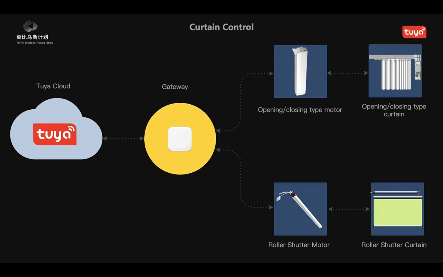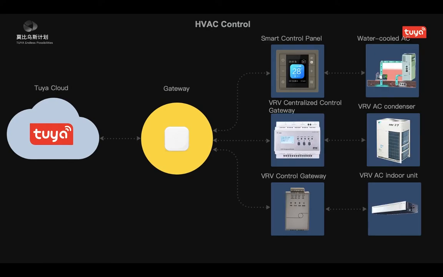This is a typical curtain control solution in which we can provide two types of motors. One is an opening and closing type of motor, and the other is a roller shutter type of motor. Here is the solution for air conditioning system control.